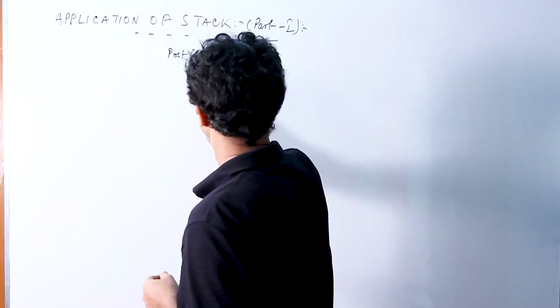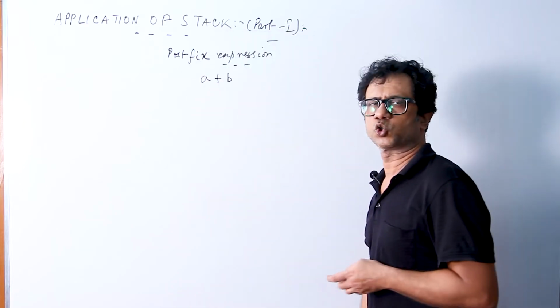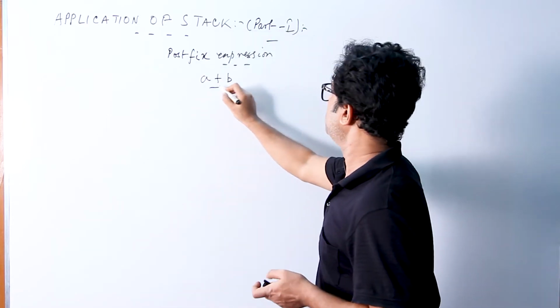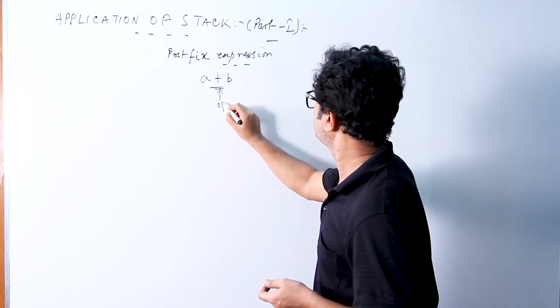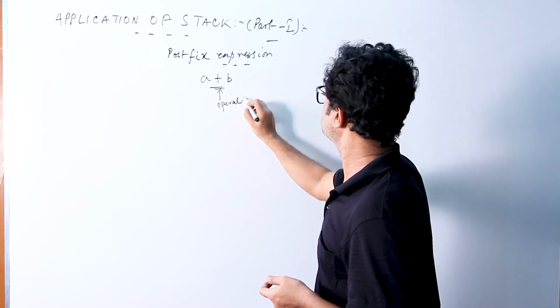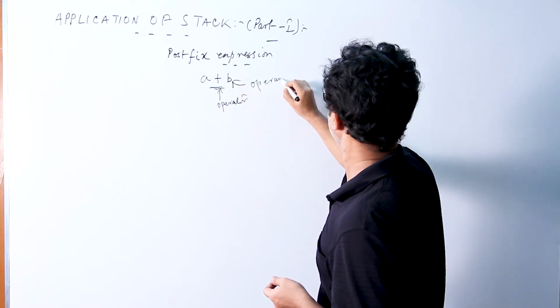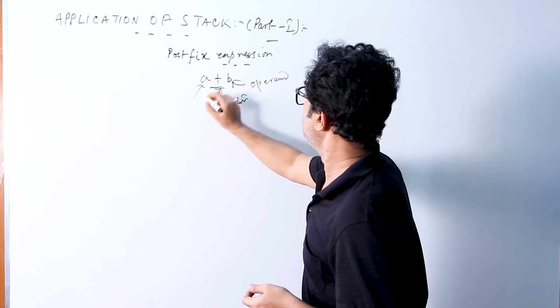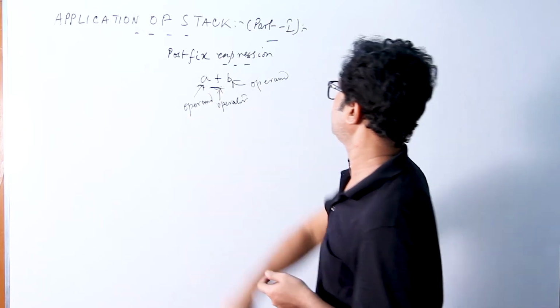Suppose we write a plus b, a very simple example. In a plus b, the plus is the operator, and b is called an operand, a is also an operand.